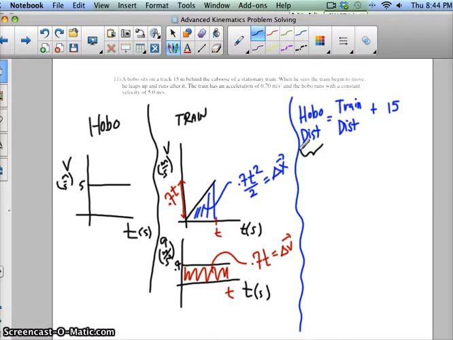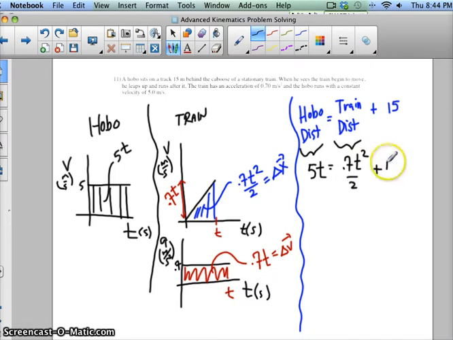Hobo's distance traveled, I should have said that, is going to be 5 times t, right? The 5t has to equal, let's see, the train's distance traveled, which is going to be 0.7 t squared over 2, right? And then I'm adding 15 to that.